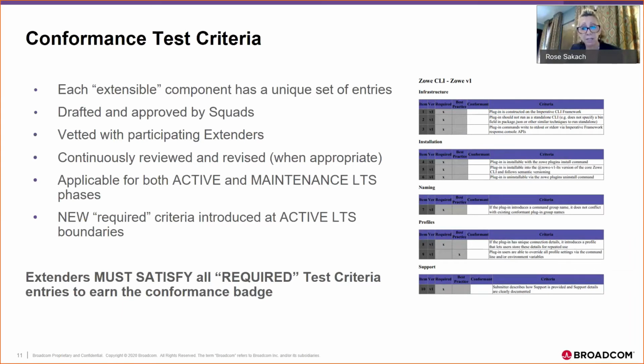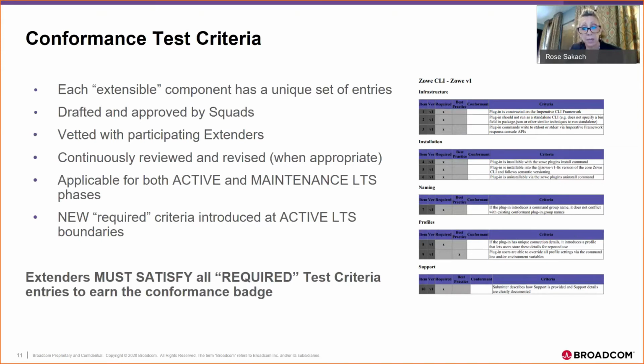The criteria is determined by each of the Zowe squads currently supporting the respective components. So for example, the Zowe CLI squad submitted the list of Zowe CLI test criteria, and they're also responsible for maintaining it. A sample of this Zowe CLI test criteria is located on the right of this chart.